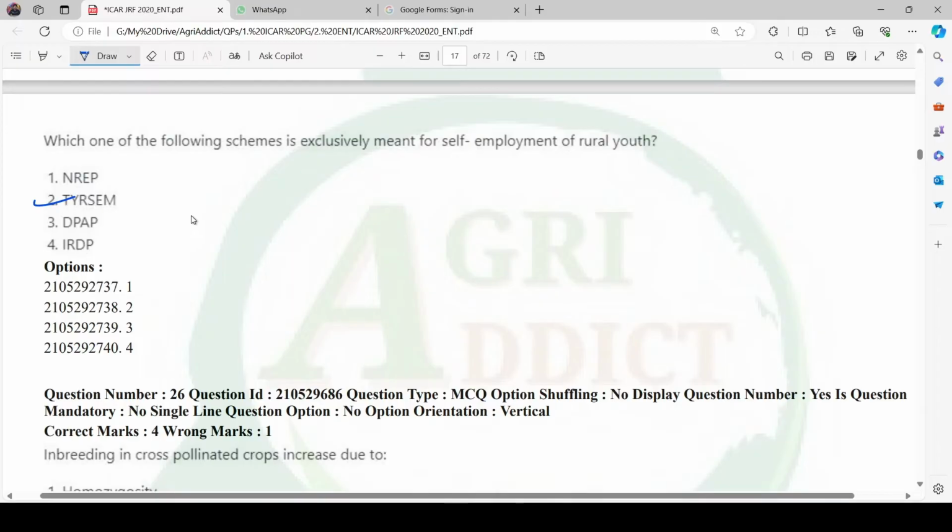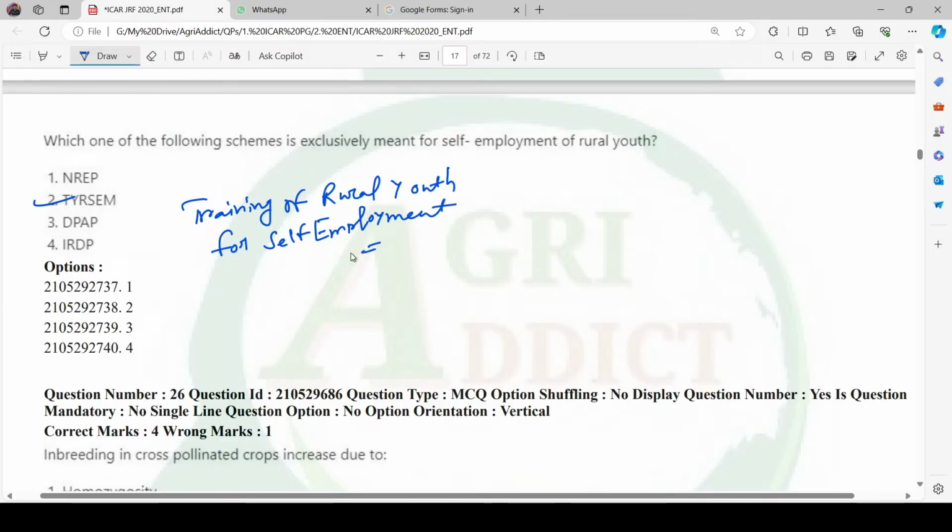So what is TRYSEM? TRYSEM is Training of Rural Youth for Self-Employment. It was started in the year 1979.